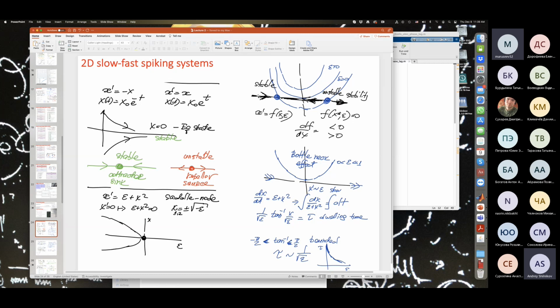So you have this vector field on the x-axis, and this tells you that this point is going to be stable, this one is a repeller. You look at the graph and observe that the slope of this parabola at the equilibrium state determines the stability. If the derivative right here is negative, then this point is stable. If the derivative at this point is positive, this point is unstable.